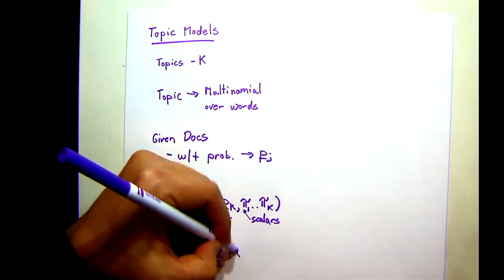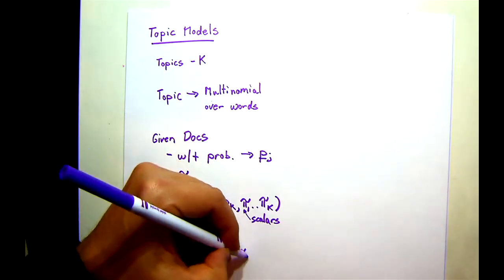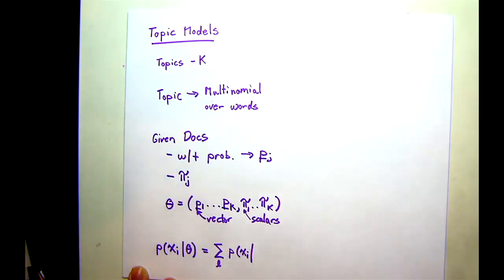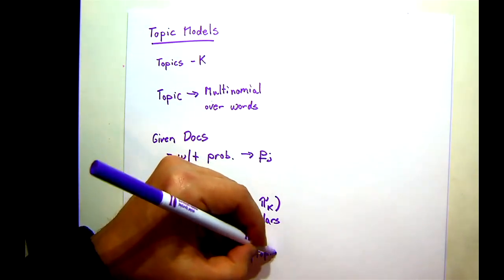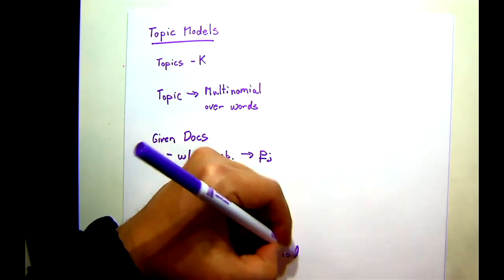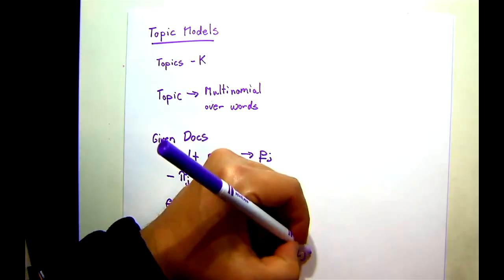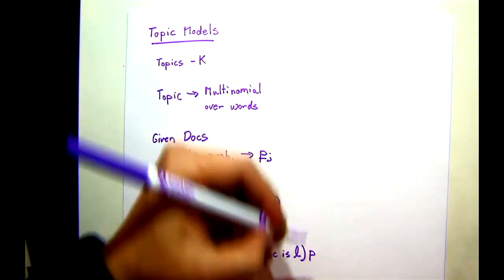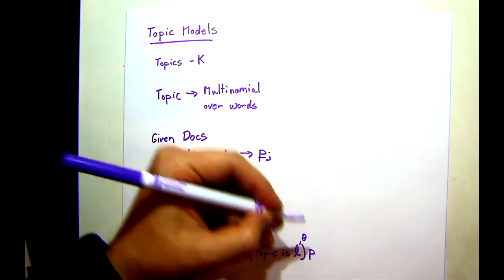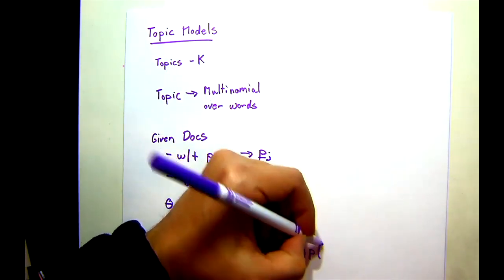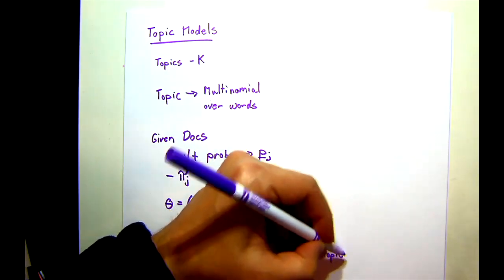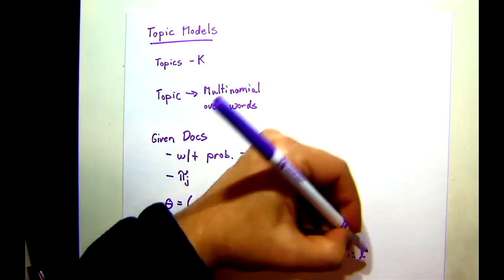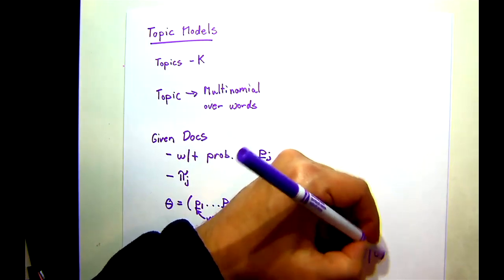So it's the probability of the document given the topic, and that's times the probability, this is given the topic and theta, and then the probability of the topic given theta.